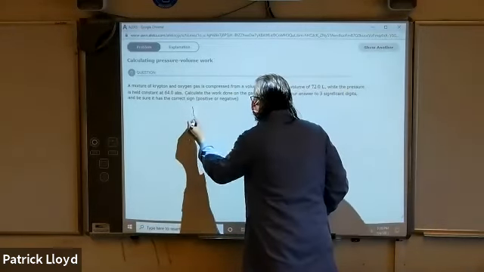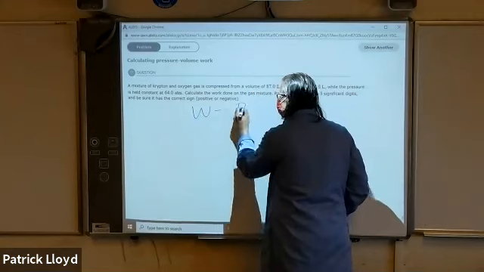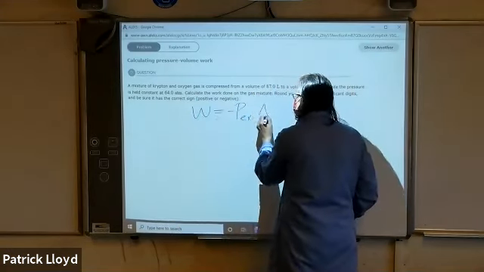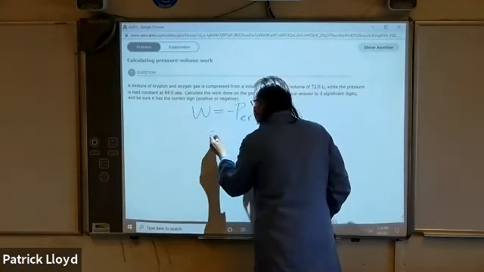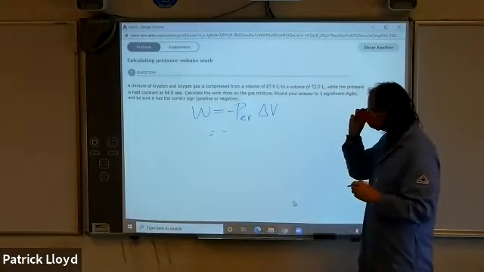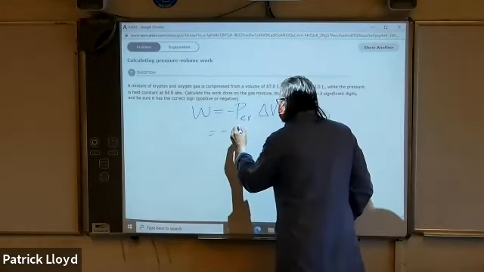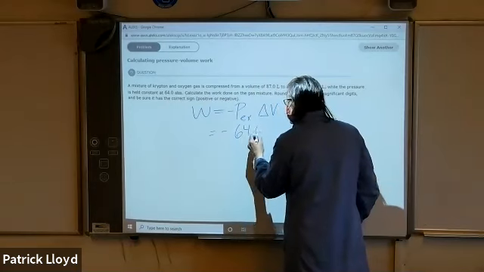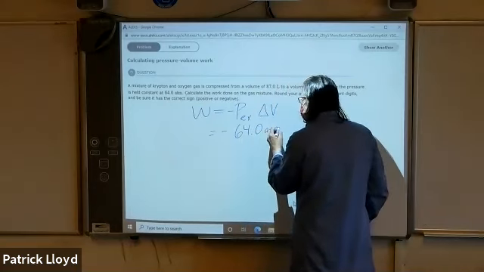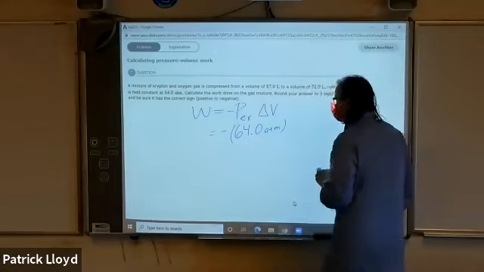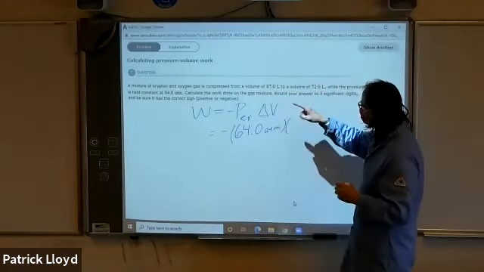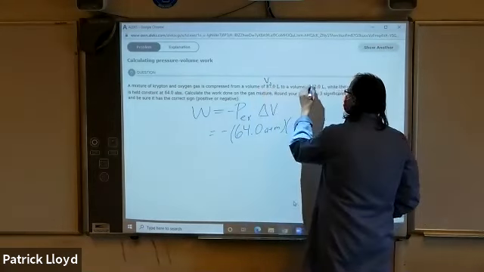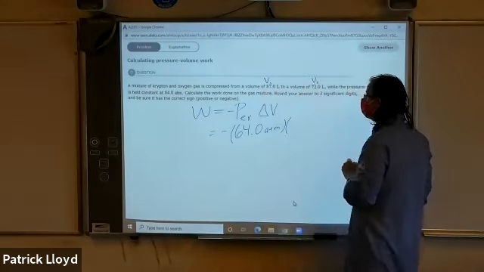W equals minus P external times delta V. All right, well, we've kind of got all these numbers, right? So we have 64 atmospheres, so negative 64 atmospheres. It looks like it's 64.0. So there's your external pressure. And then we have to do V final minus V initial. So it goes from 87 down to 72.